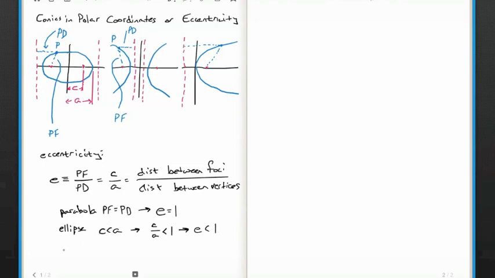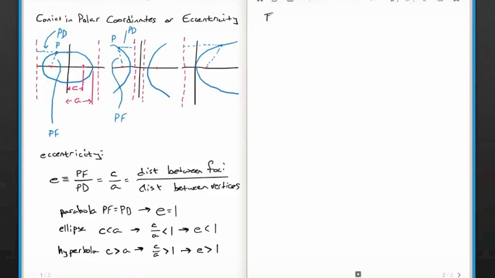And if we have a hyperbola, we know that the distance to the focus, c, so this distance, is greater than the distance to the vertex. c is greater than a, which means that c over a is greater than 1, which means the eccentricity is greater than 1.